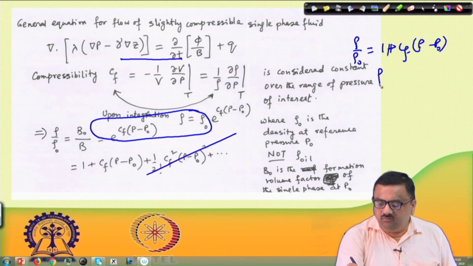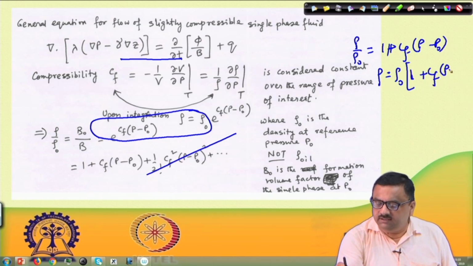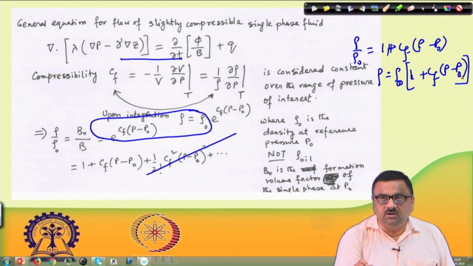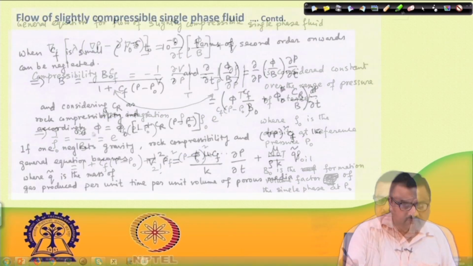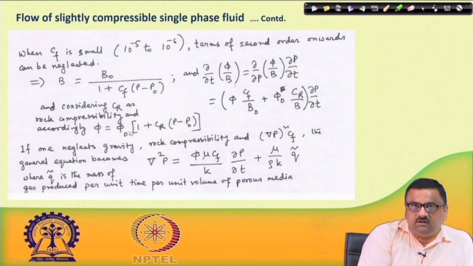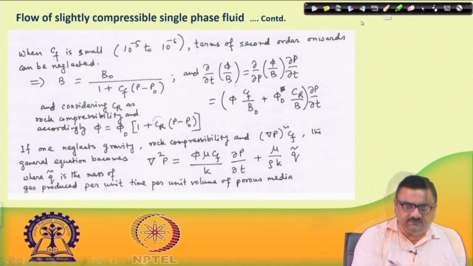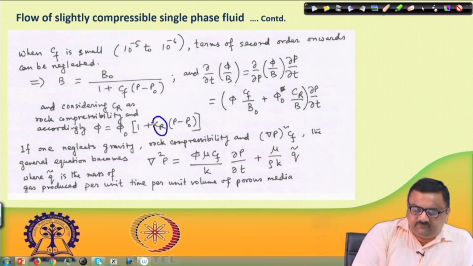Okay. So, rho is equal to rho 0 into 1 plus Cf into (P minus P 0). By the same token, one can write phi is equal to phi 0 into 1 plus Cr into (P minus P 0), where Cr is rock compressibility.